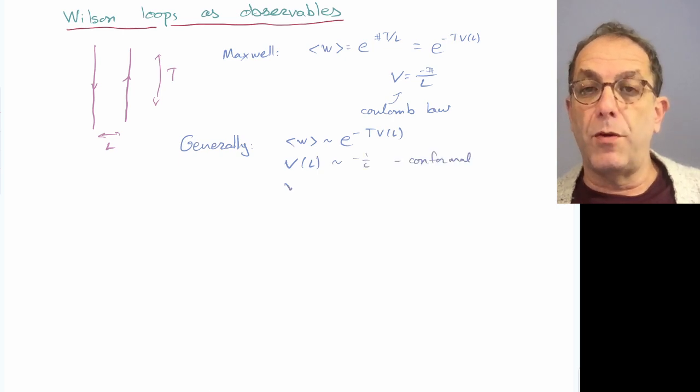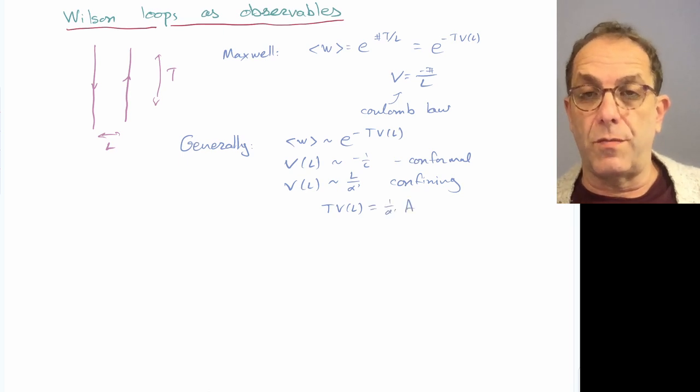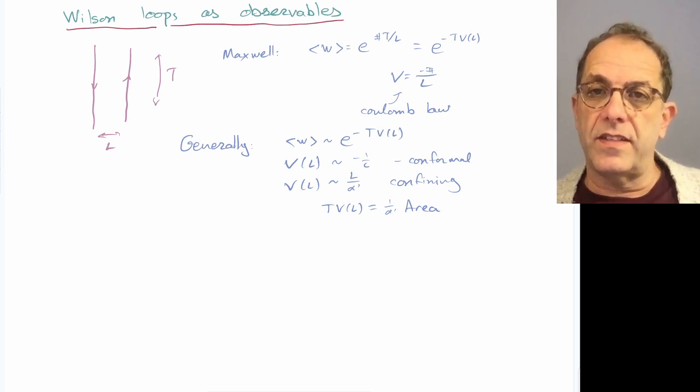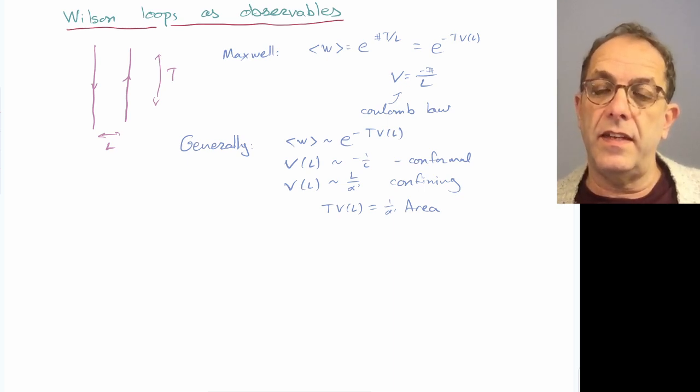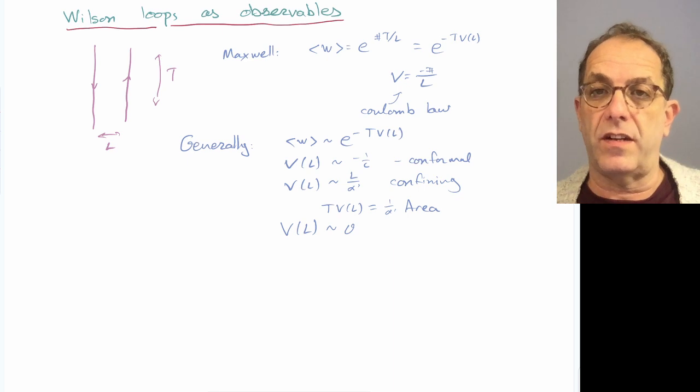There is a behavior proportional to L, divided by the square of some length scale, which is normally called alpha prime, the string scale squared. This arises in confining theories, of course. In that case, T times V is equal to the area encircled by the Wilson loop. The last case is when V does not depend on L, and then the theory is screening. The two lines essentially do not see each other.